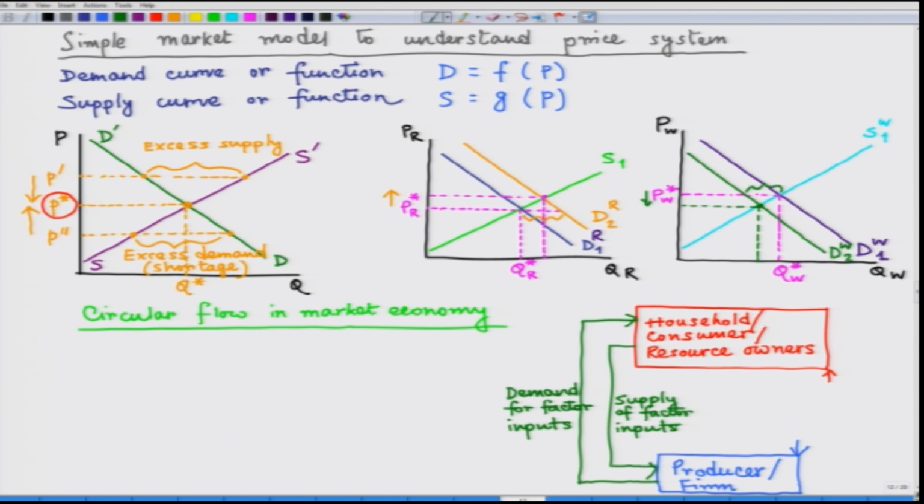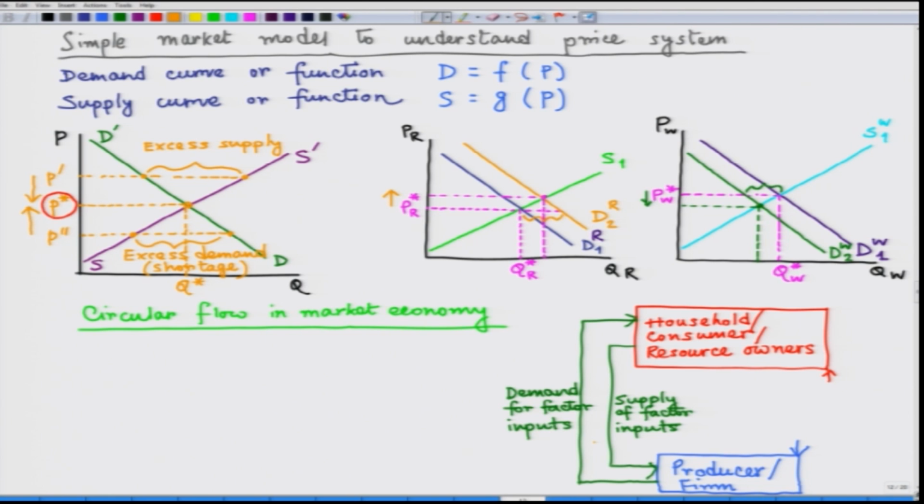So, for labor the worker receives wage, the person who has saved and invested the capital to the farm earns rate of interest, etc. So, these are the factor earnings. Now, what will the household or the consumer do with these factor earnings? Of course, they need to consume, and they will now demand goods and services.